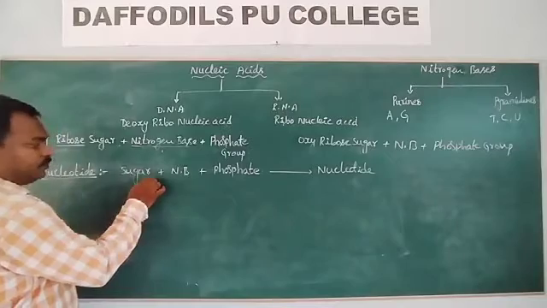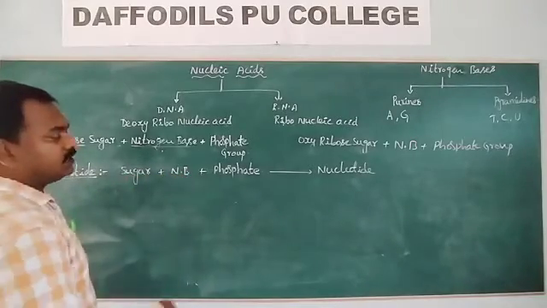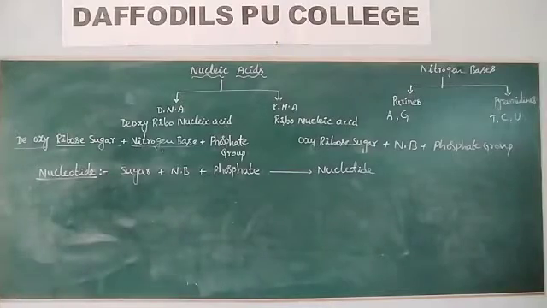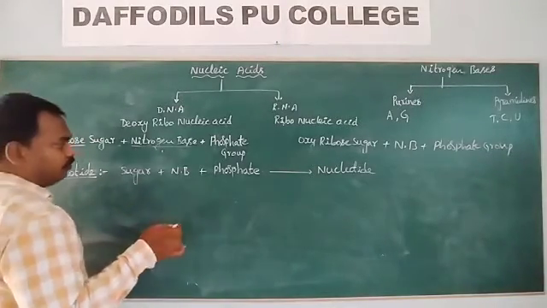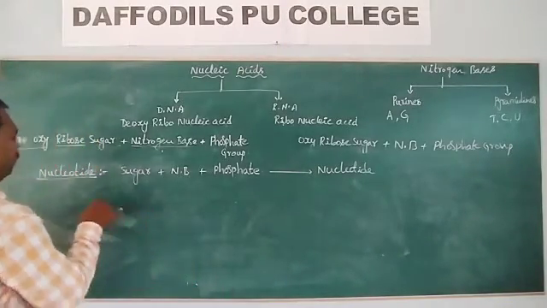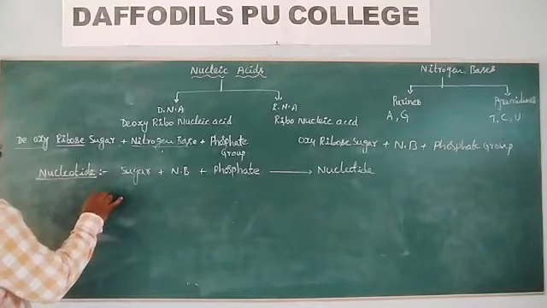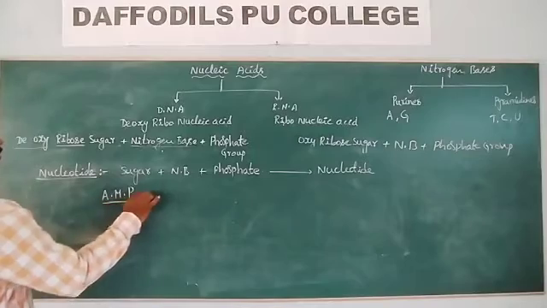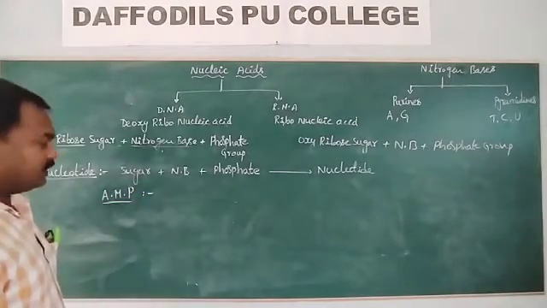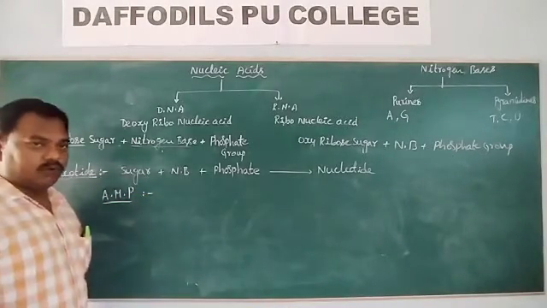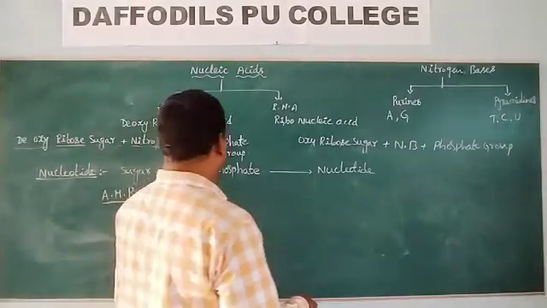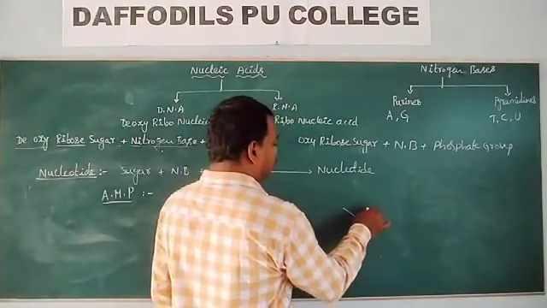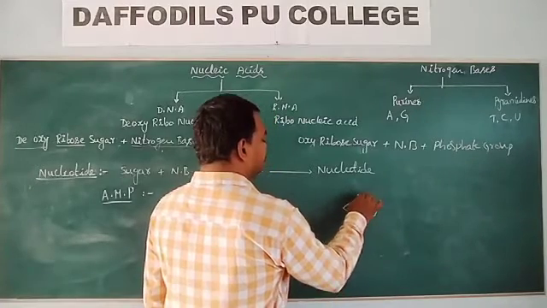Sugar, a nitrogen base, and a phosphate group make a nucleotide. Now I am going to show you a simple nucleotide, adenosine monophosphate.